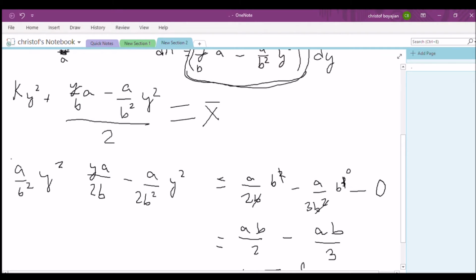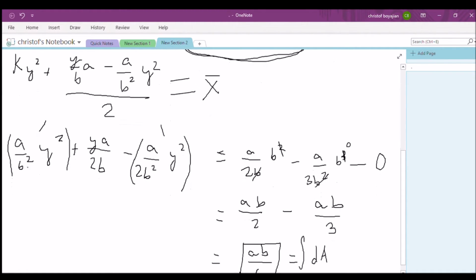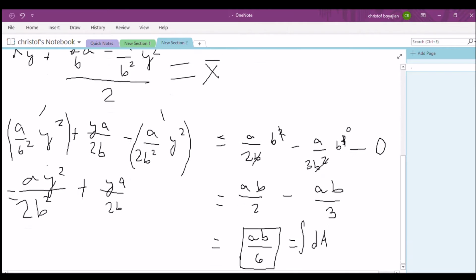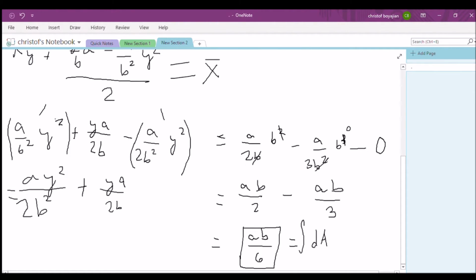Okay, now we have two terms that we can combine here. We have this term right here, and this term. Forgot to add the plus sign right there. So if we combine these two like terms, we should end up getting ay squared over 2b squared plus ya over 2b. Okay? All right. So that is our x bar.